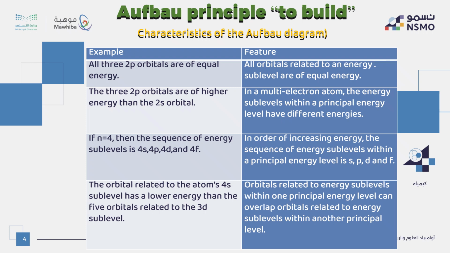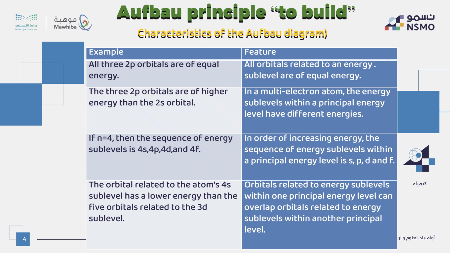This explains why, when writing electron configurations, we never place more than 2 electrons in an s sublevel, no more than 6 electrons in a p sublevel, no more than 10 electrons in a d sublevel, and no more than 14 electrons in an f sublevel.